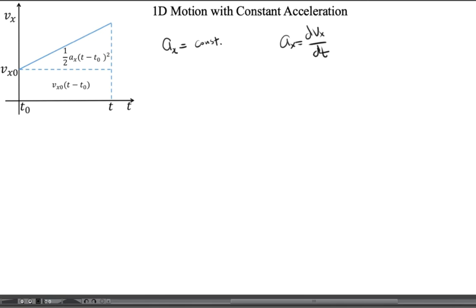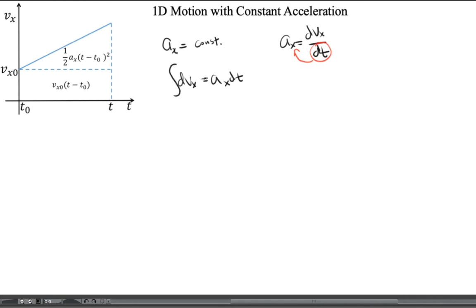Okay, so let's separate these variables, dt to the left side, and dvx is kept at the right side. Then we get dvx equals ax dt.